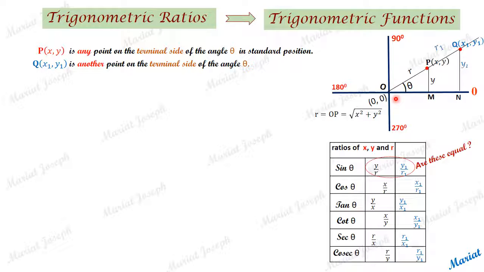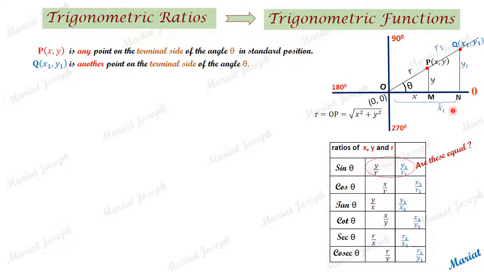Also, the length OM will be the x coordinate because the point P is (x, y). Also, ON is equal to x1 as the x coordinate of this point Q is x1.